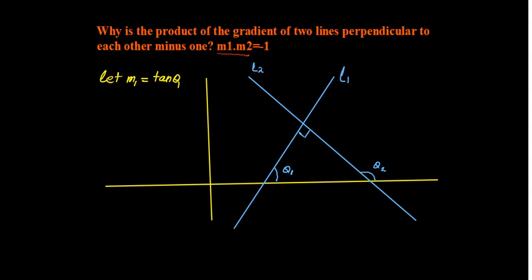Similarly, the gradient of line 2 is tan theta 2. Now we have to prove that m1 dot m2 should be equal to -1. Okay, let's prove that.